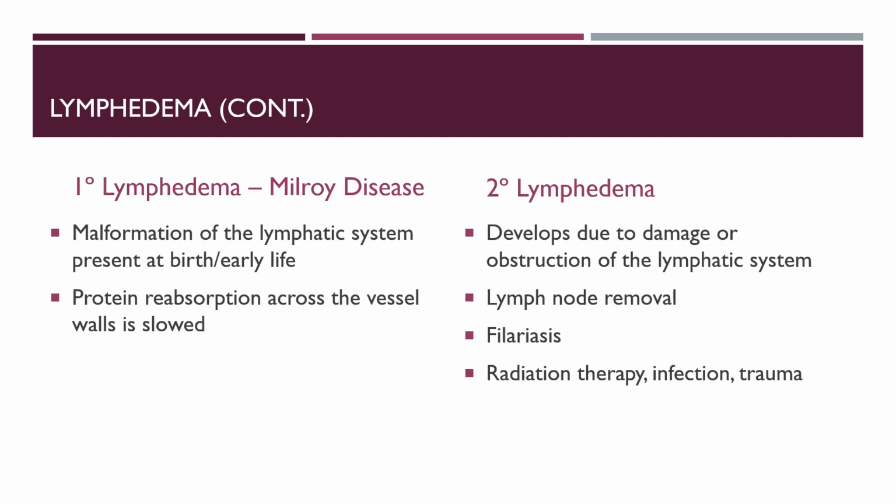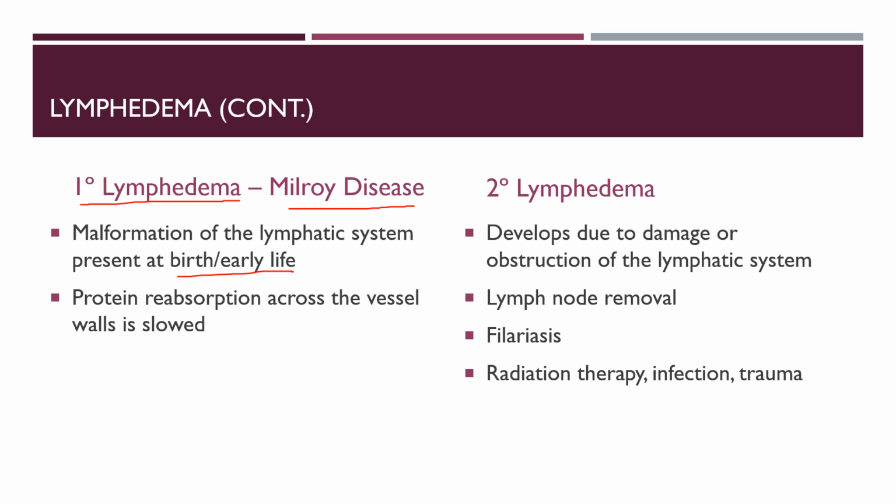Let's talk a little bit about the different types of lymphedema. We have our primary lymphedema, also known as Milroy disease. This is basically a malformation of the lymphatic system, which is present at birth or presents very early in life.